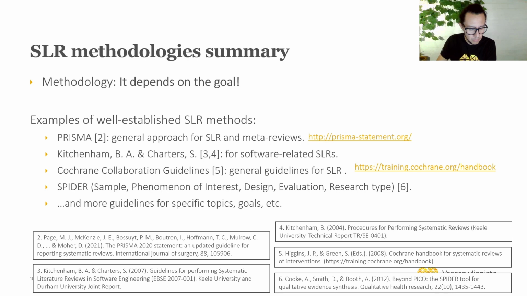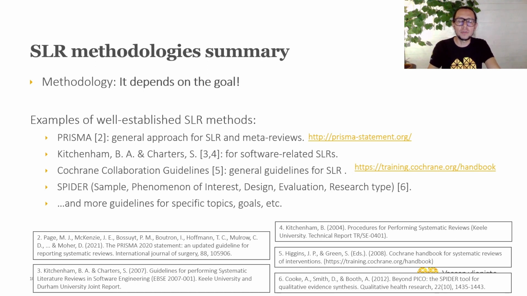For instance, it's different if you are analyzing a very new, trending topic, rather than investigating very complex and well-established topics. So depending on the goal, there are going to be different types of methodologies.